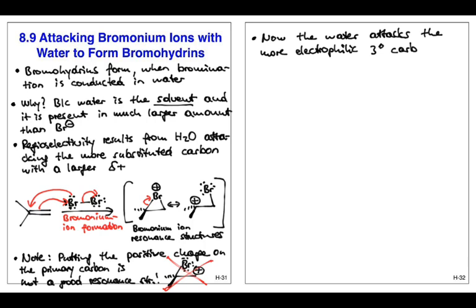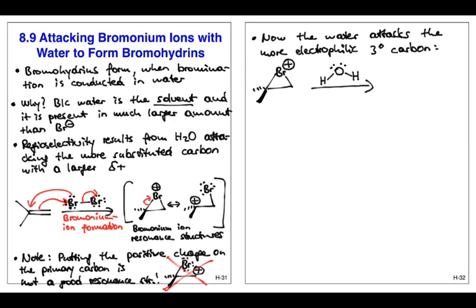The water attacks the more electrophilic tertiary carbon. Here's how it looks. I'm just redrawing the bromonium ion here, putting the water up there. Giving you a couple seconds to draw it.